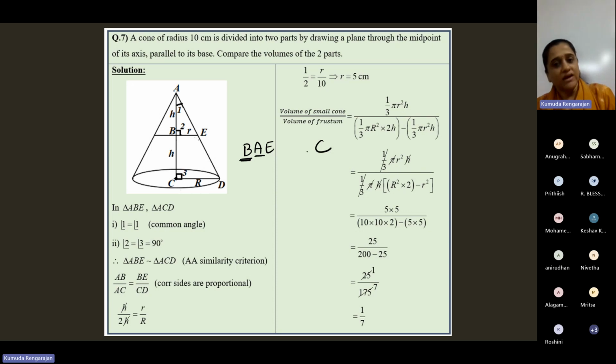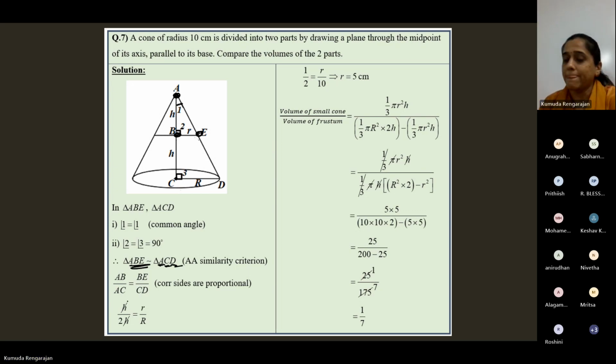So in the big triangle, also it is A only. Then write the third vertex of the big triangle, CAD. Am I clear? So you must name the triangles in the correct order. So triangle ABE: A is the common angle, then B 90 degrees, and then the third vertex E. In the same way, you should name this: A is the common angle, C is 90 degrees, and D is the third vertex.